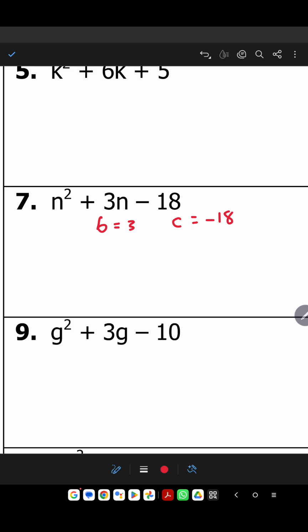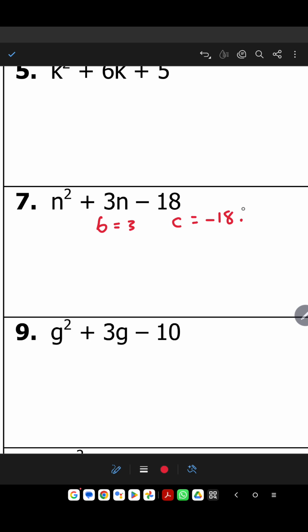Yes, guys, it's a negative c. Now, remember, when we're multiplying, in order to get a negative number, one of the numbers that we're multiplying must be a positive and the other must be a negative.